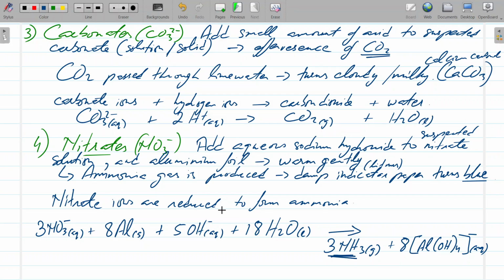Now, as I mentioned, nitrate ions are reduced. How are they reduced? Right? They have taken up hydrogen. Right? So the oxygen is removed and hydrogen has been added. So that is reduction.